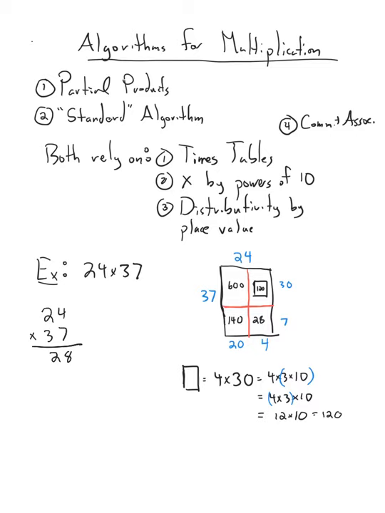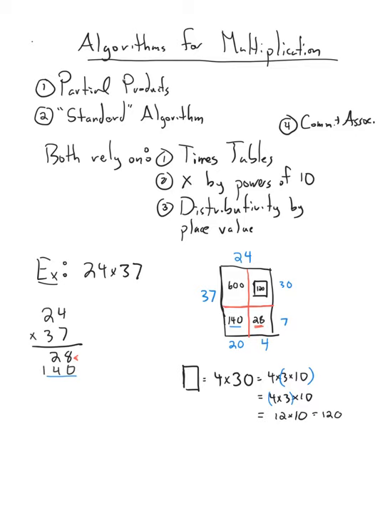So this 28 here is that guy there. And then we need 7 times 20. 7 times 20 is 140. So we write that in, 140. We're going to add these guys up eventually. And that is, of course, that guy.